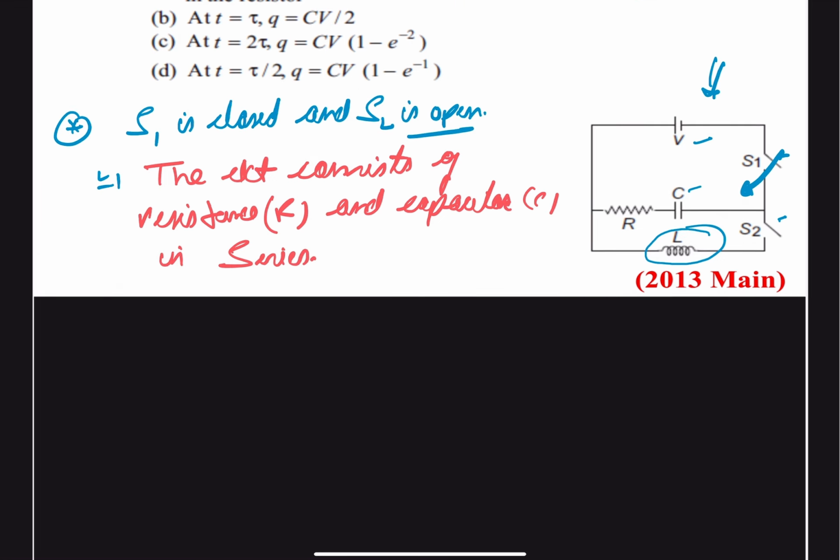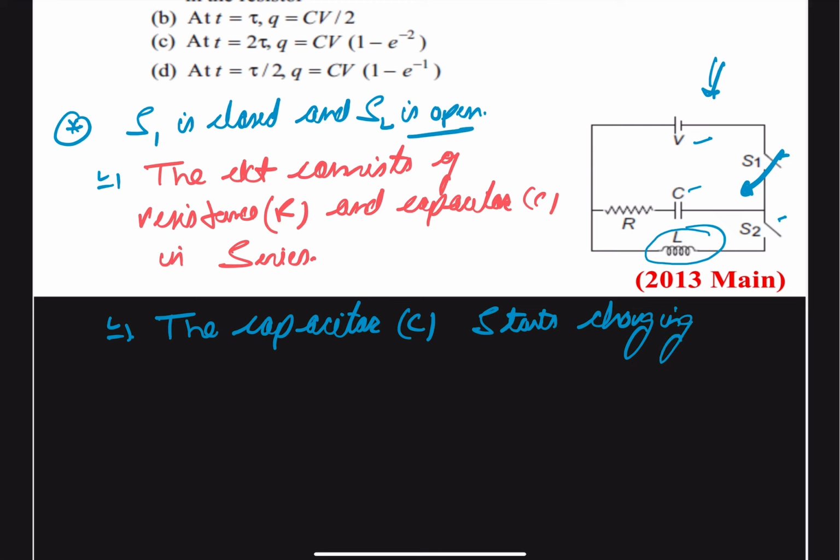Secondly, we can also say that capacitor C starts charging through the resistor R.